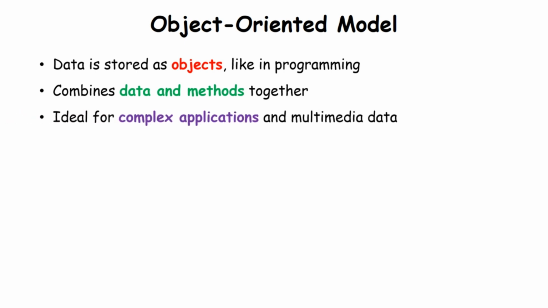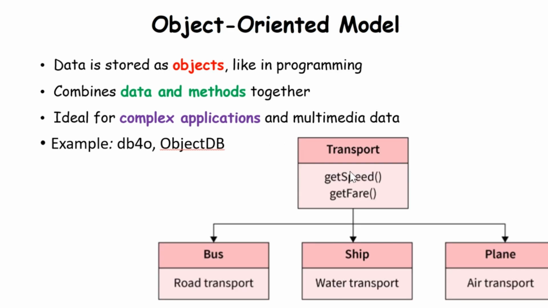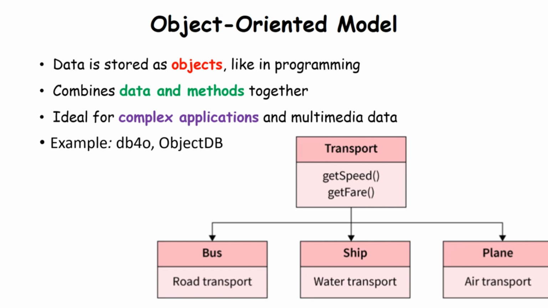It is ideal for complex applications and multimedia data that involve complex data types like graphics, games, and simulations. We have some examples like db4o and ObjectDB. Okay, so in this image we can see that this table has transport as an attribute, and getSpeed and getFare are basically the methods.